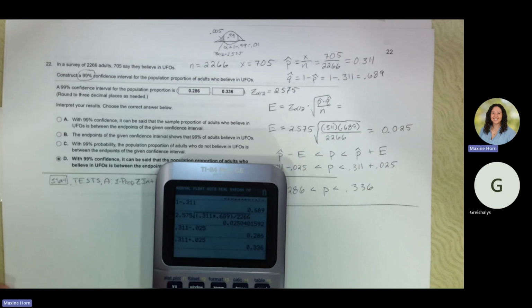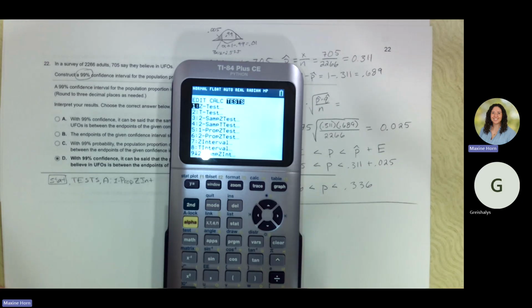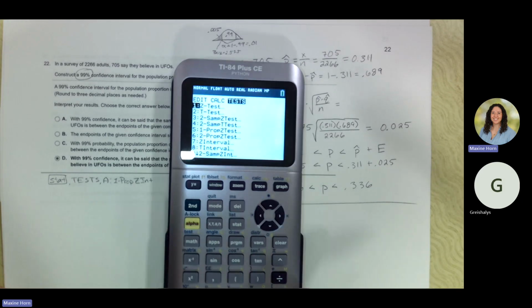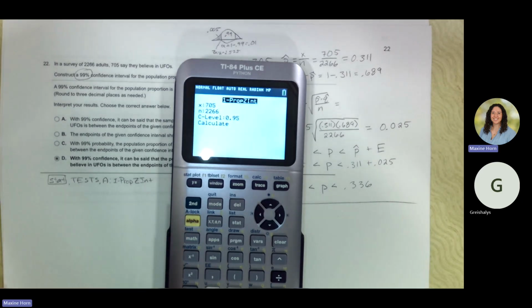Okay, so stat, test, and you can either arrow up to get to A, or if you're here, you can arrow down to get to A, or you can say, well, I just want to go directly to A. So you would say, okay, well, where is the A? It's the yellow above. It's kind of hard to see in this light, but it's the yellow above on my calculator. It's above the word math. So I'm going to hit alpha math, and that goes to the A option.